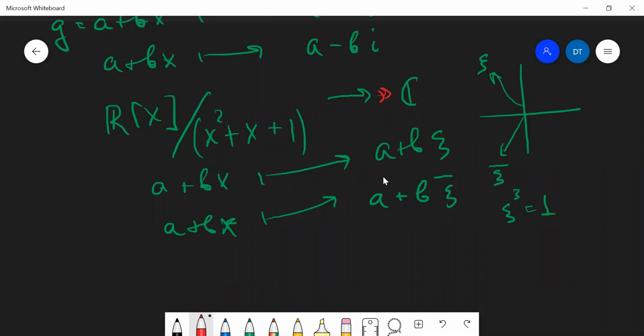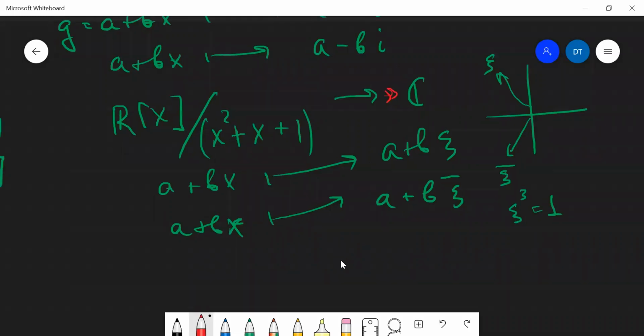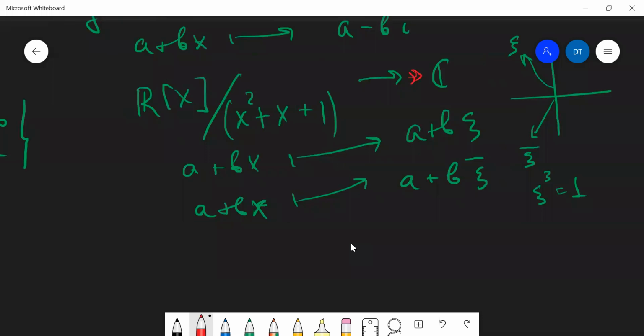So the image is at least two-dimensional, so you're automatically surjective. So that's how you could do that. And both homomorphisms are actually isomorphisms. So this guy is actually isomorphic to the field of complex numbers. Okay, are there any questions?